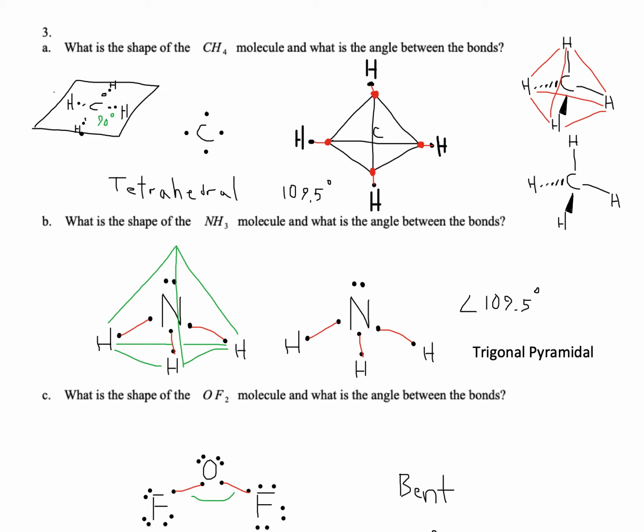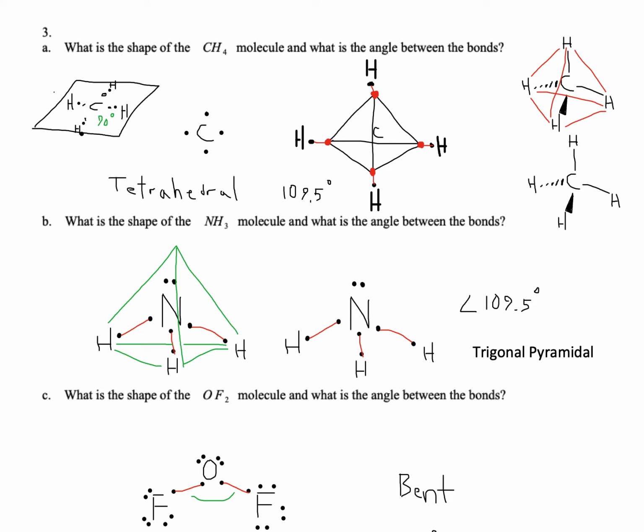Now, some texts would say that that is just very slightly polar. Some would say it's considered nonpolar. So I'm going to say these are largely nonpolar bonds. If these are considered nonpolar bonds, then generally, in most all cases, nonpolar bonds result in a nonpolar molecule.